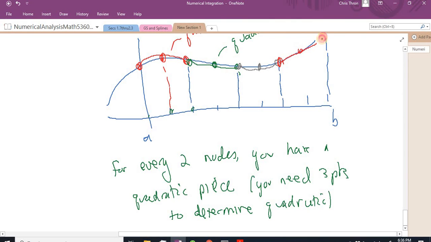Now the difference with quadratic splines is that with quadratic splines you made the derivative continuous between the different pieces. Here you don't care about continuity.